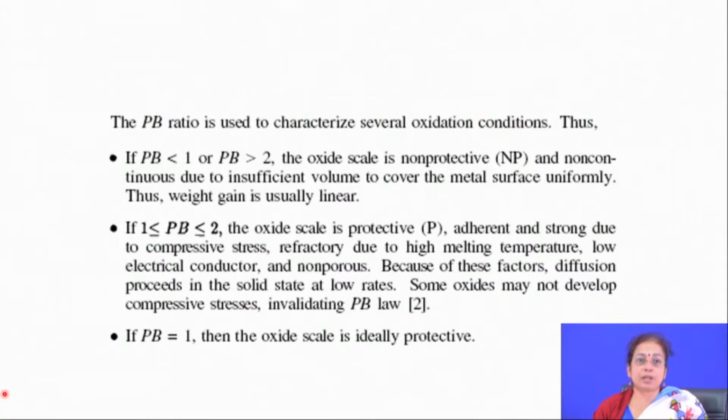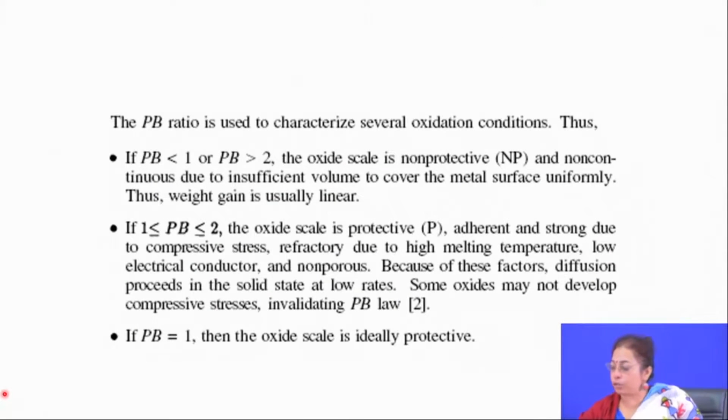If it is much lower than 1, the surface is not fully covered, and if it is much higher than 2, there is a lot of stress generation at the interface, so it cannot offer protectiveness. If it is equal to or a little lower than 1, or near 2 but lower, then the oxide scale is supposed to be protective in nature.